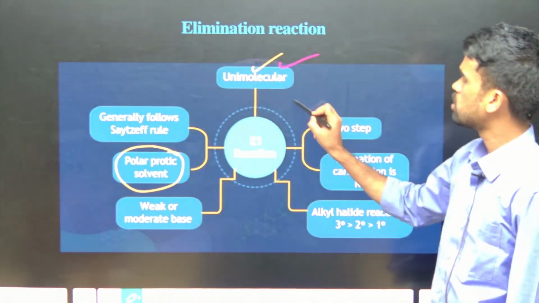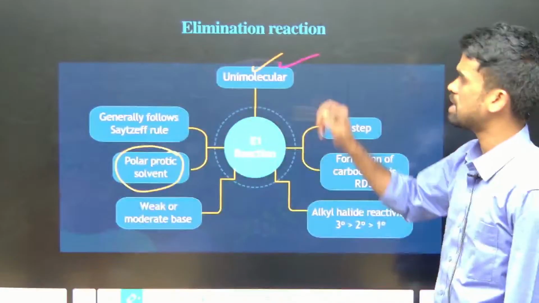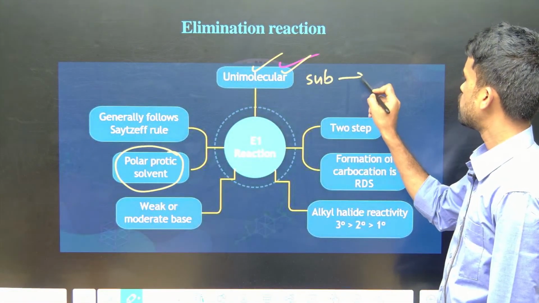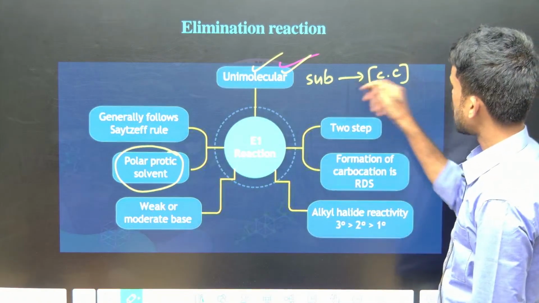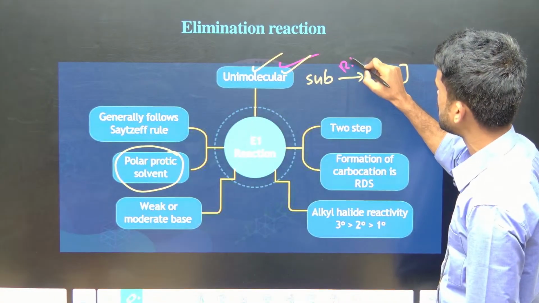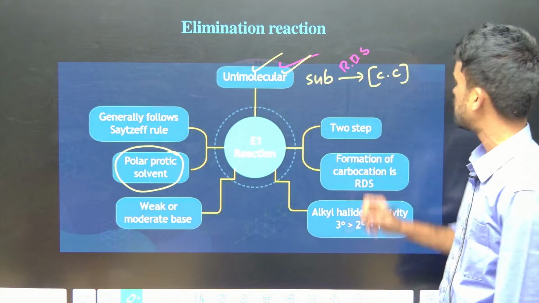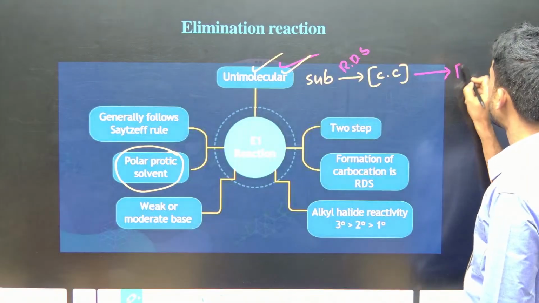It is a two-step reaction. Why are we saying it's a unimolecular reaction? Because in the first step, the substrate forms an intermediate, a carbocation intermediate. This carbocation formation step is the rate determining step, RDS. From here we will get our final product.